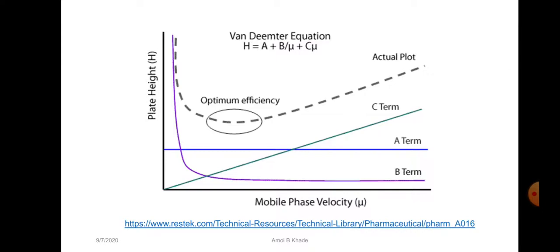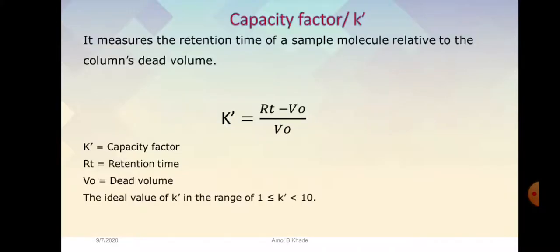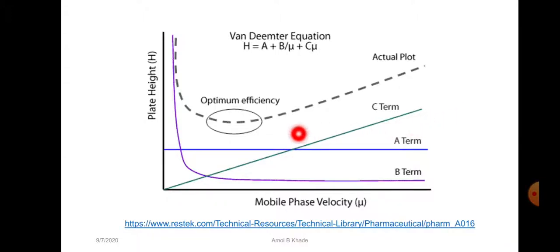Increasing the flow rate beyond a particular value, it will remain the same. Only in the initial case it will decrease drastically, whereas the mass transfer resistance, C mu, increases with the flow rate. You can see the green line: as you increase the flow rate, the mass transfer resistance also increases. So you have to keep the optimum flow rate, which is very important to minimize band broadening.